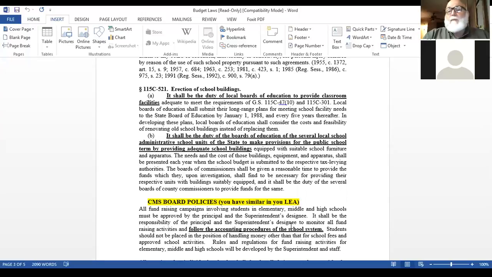They don't have to give them buildings, auditoriums, gyms, ball fields, or any of that stuff, but they are supposed to provide classroom facilities. That's state law 521. And that's why you see so many charter schools initially start out with used mobile units or surplus mobile units from the local school district. That's where that comes from.